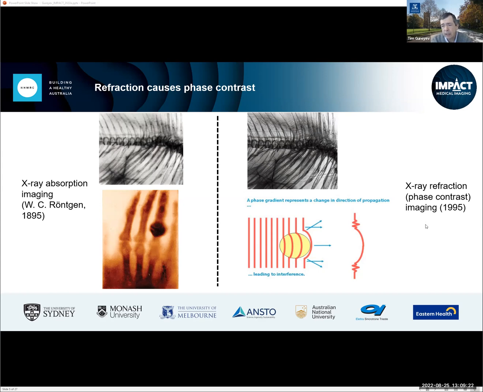And then 100 years later, in 1995, phase contrast imaging with X-rays was demonstrated, and it showed a better contrast, especially for soft tissues, as shown here, compared to absorption contrast at the same dose.